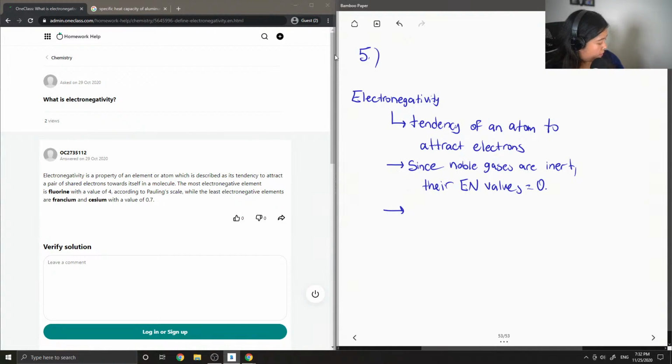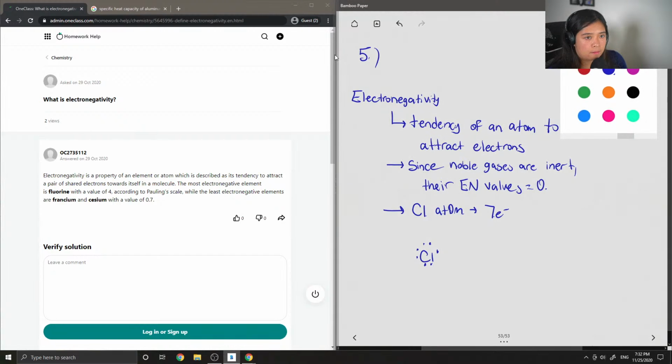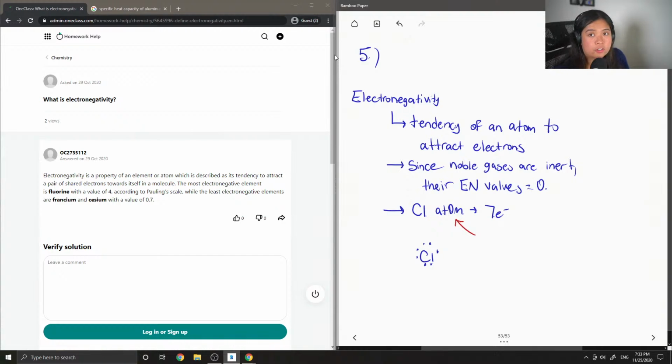And another example would be the chlorine atom. It has a total of 7 valence electrons, and it really wants to gain a full octet. So therefore, the chlorine atom really wants to attract another electron.